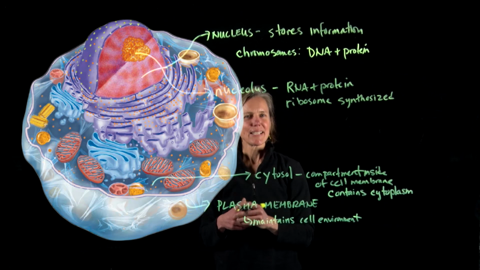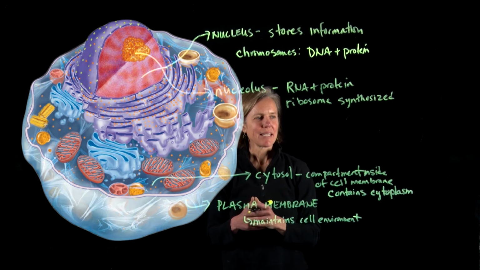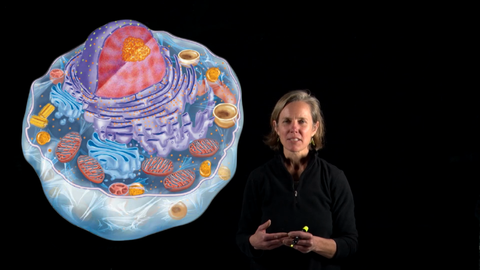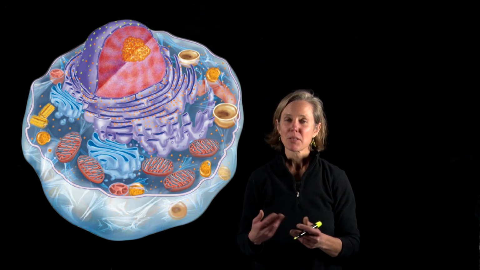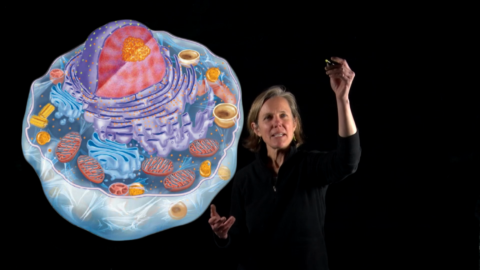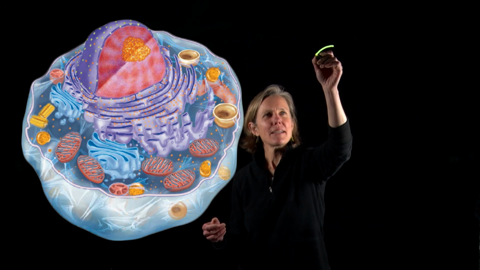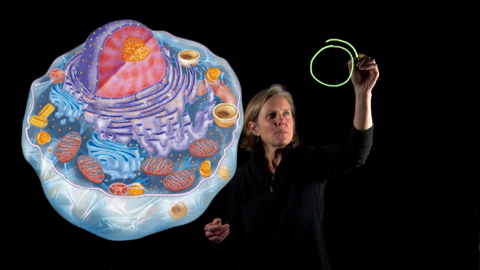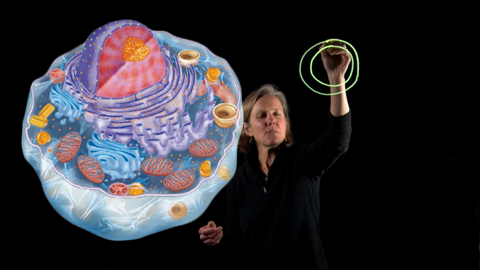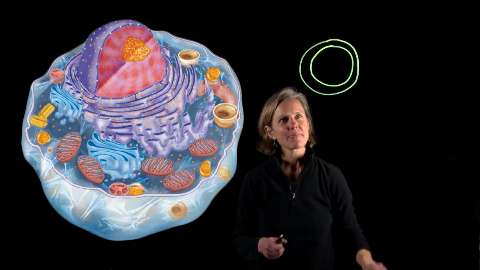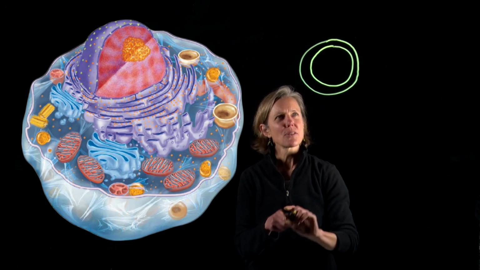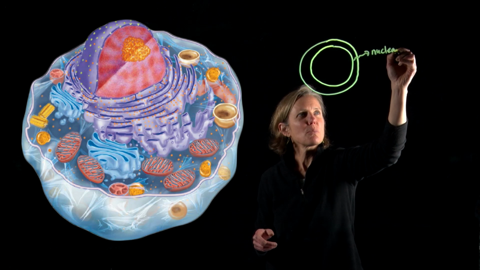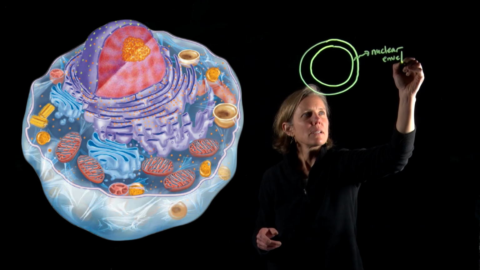Okay, I'd like to look at the structure of the nucleus in a little bit more detail. The nucleus is one of the three organelles in eukaryotic cells that is enclosed by two membranes. So I'll represent a single phospholipid bilayer as one line. Again, the nucleus is enclosed by two phospholipid bilayers. And this whole structure is referred to as the nuclear envelope.